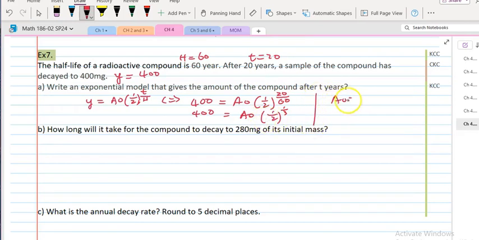So a0 would be, I'm going to divide by 1/2 to the 1/3 on both sides, right? So a0 would be 400 divided by 1/2 to the power 1/3, because 20 over 60 is just 1/3. Or you can just say 20 over 60.